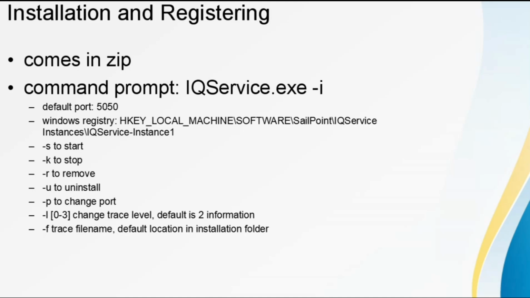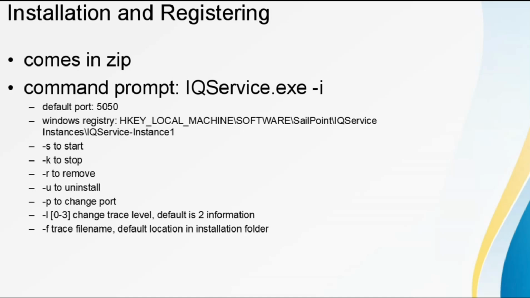In our case, for demo purposes, we will copy the IQ Service zip onto the machine where my AD is installed, so I will directly install it locally on the Active Directory machine, and the IP address is 192.168.122.10. There are some command lines which we have to execute in the command prompt for installing.